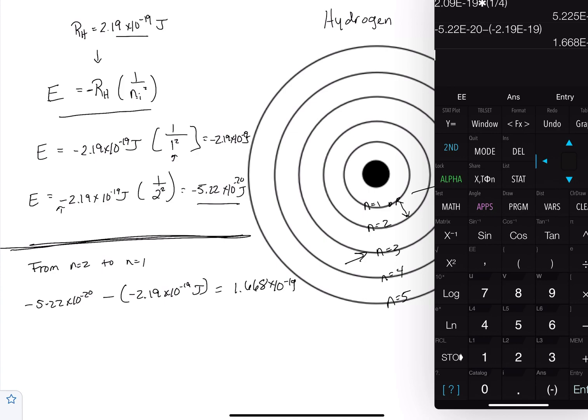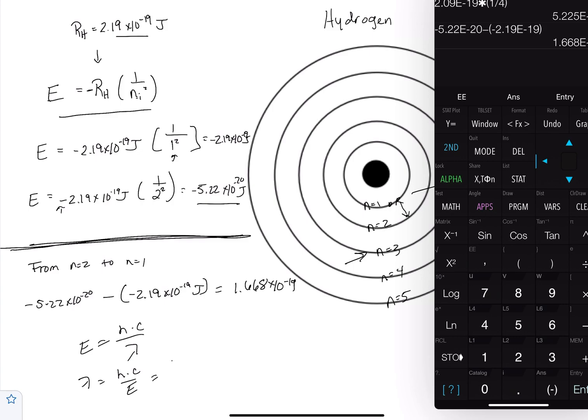That's energy. Now, we know how to convert energy into wavelength. Energy is equal to hc over lambda. I'm going to rearrange it for lambda: lambda equals hc over energy.